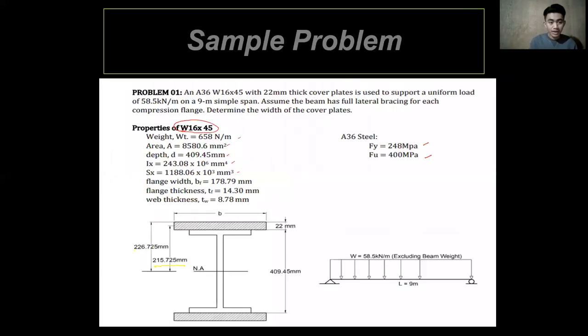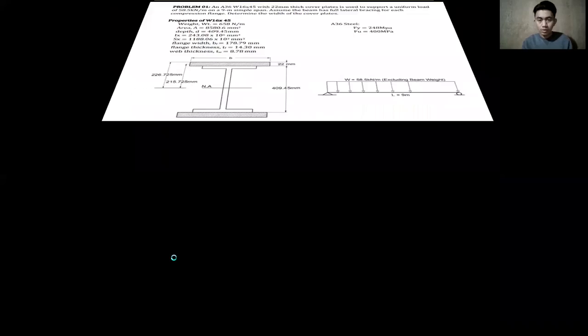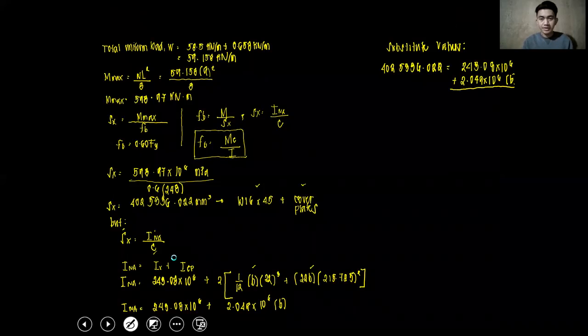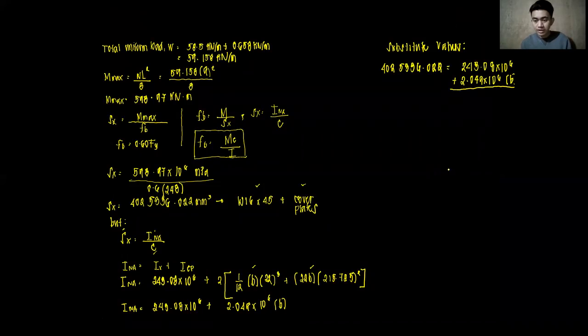It will be this one. From the neutral axis to the topmost part of our diagram. So that is 226.725.